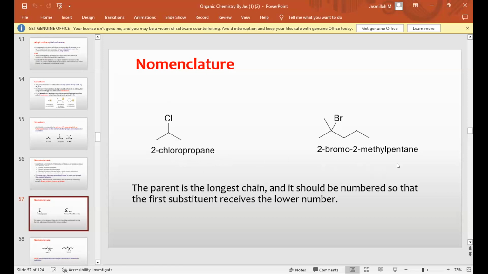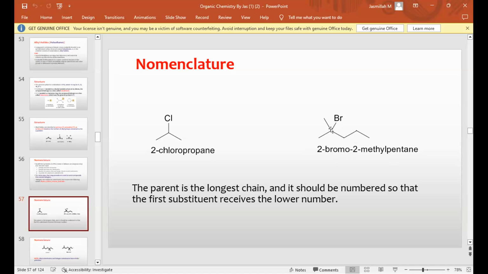Similarly, for this chain, we first identify the parent chain, which is the longest chain: 1, 2, 3, 4, 5. Five carbons means pentane. The halogen is on carbon number 2, so 2-bromo, 2-methyl. We didn't count from the other side because it would be shorter.